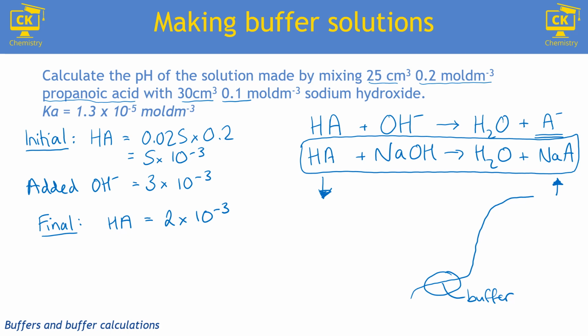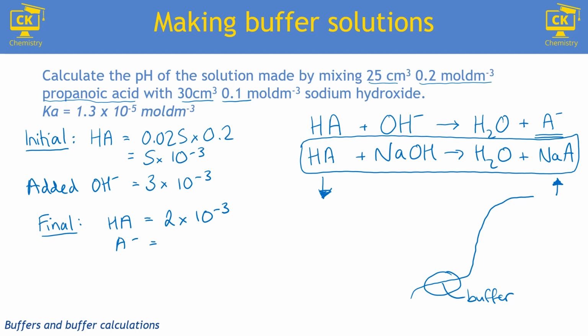So we're going to assume that however many moles of A- I had at the start was basically 0 compared to what I'm adding. Okay, we're doing that all the way through. So the new moles of A- is simply whatever was made by adding the sodium hydroxide.